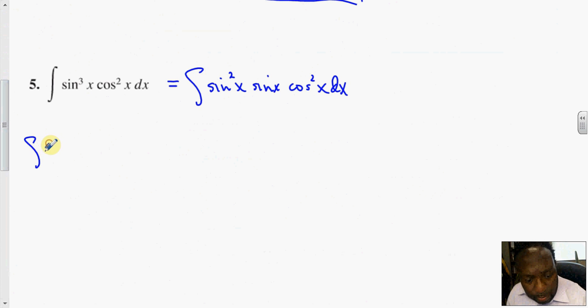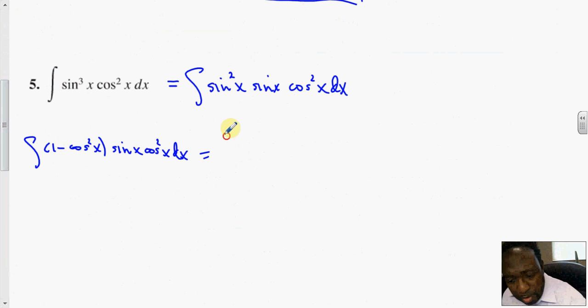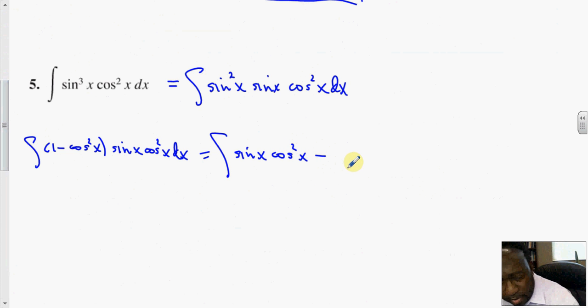So this is the integral of (1 minus cosine squared x) times sine x cosine squared x dx. And we simplify this, so we just distribute. So this is sine x cosine squared x minus sine x times cosine to the 4th x dx.